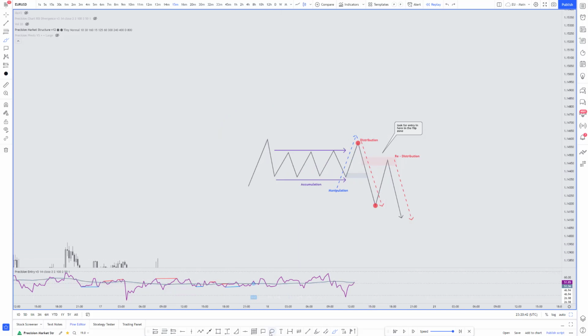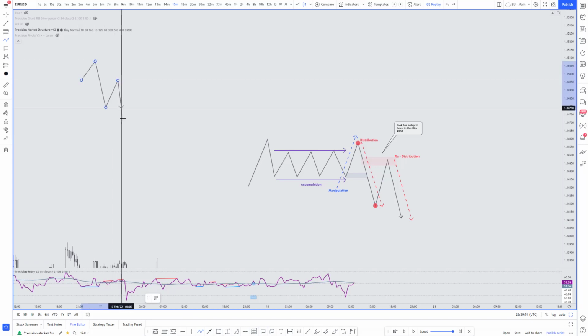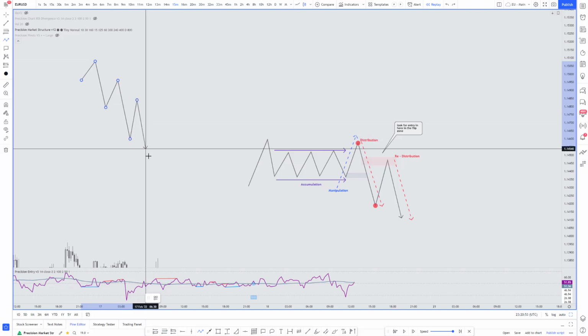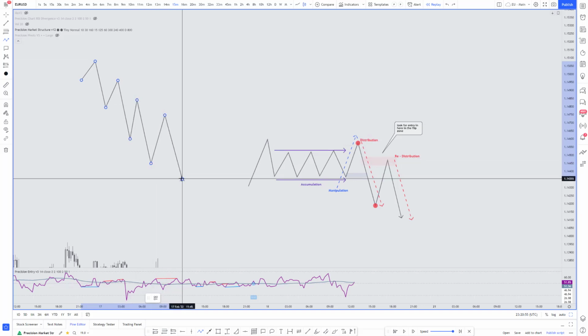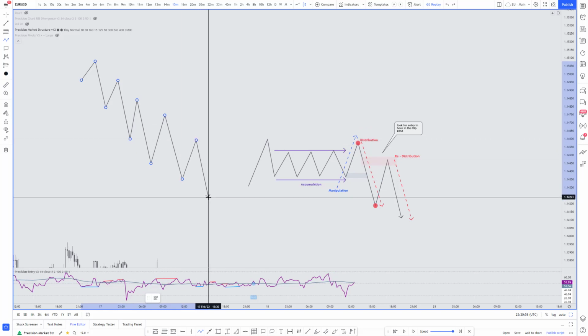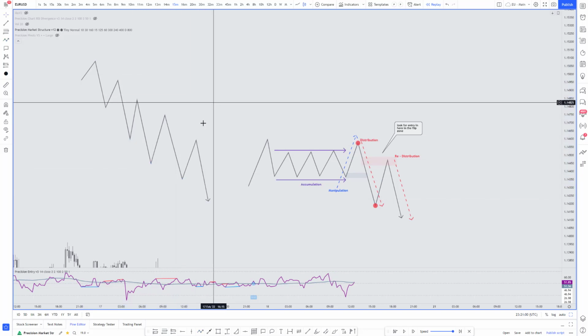The next concept, which is what smart money is based on, especially the way we teach it at Precision Markets, is your flip zones. So, if we're in a trending market, generally one side's in control. So in this particular schematic, supply's in control.